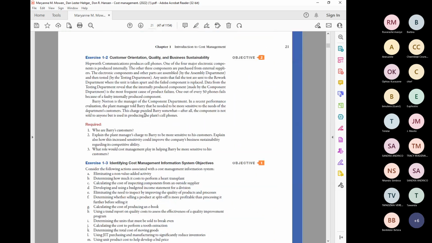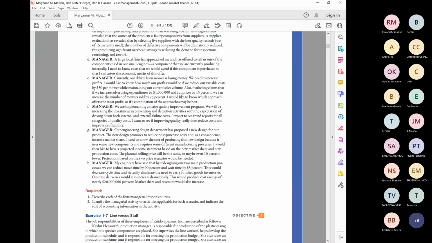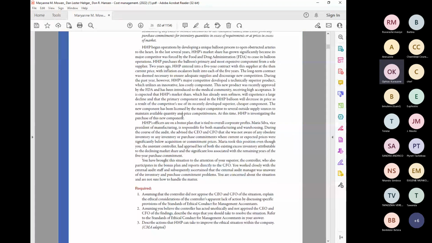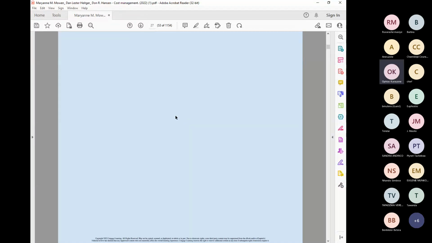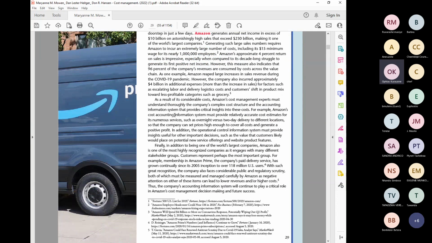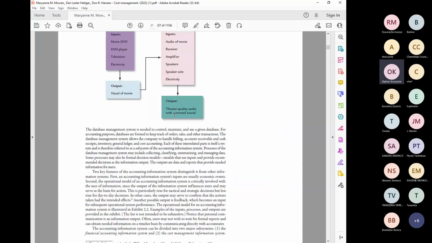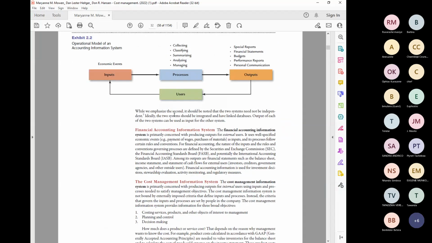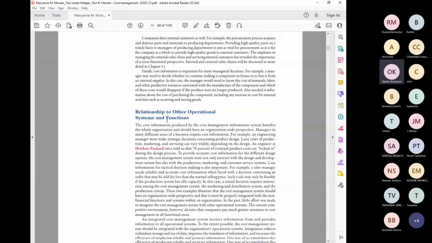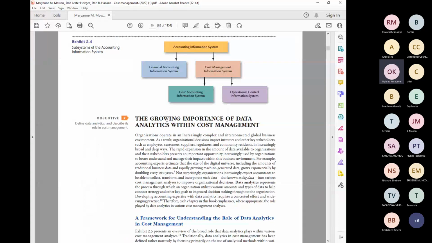Like what I was saying, what we need to understand at first is the issue of costing. People should understand costs. That is very important. When you are managing, you manage costs.